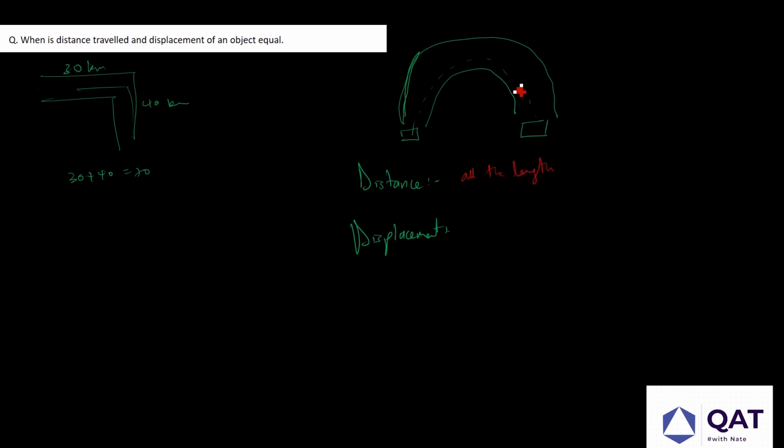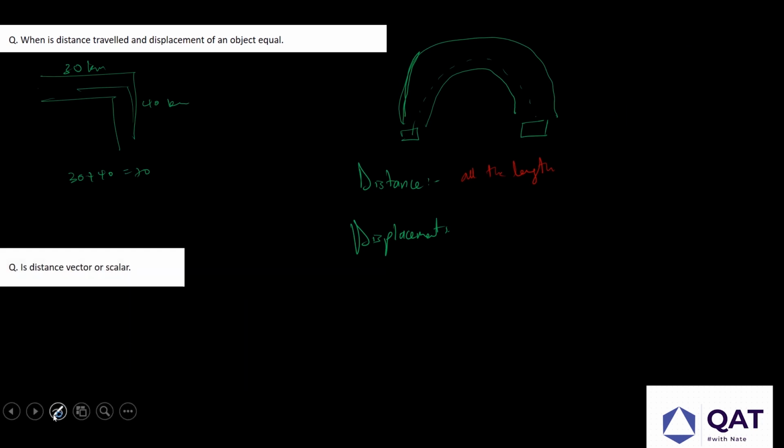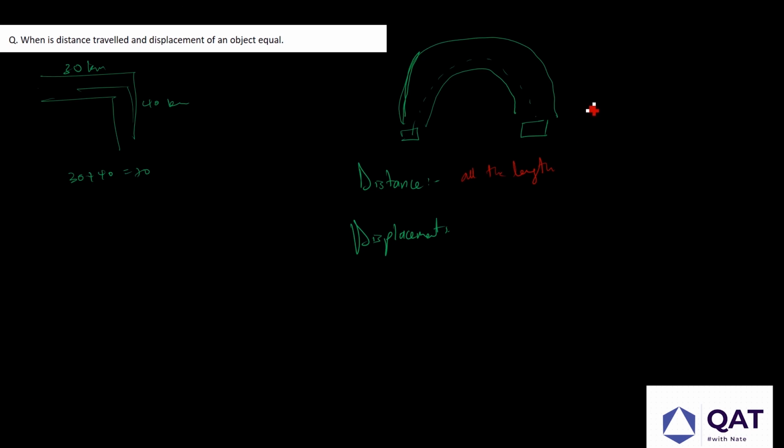And if we notice, this is a semicircle, so if it was a complete circle, we would find all the distance by the circumference. Circumference would be 2 pi r, right?